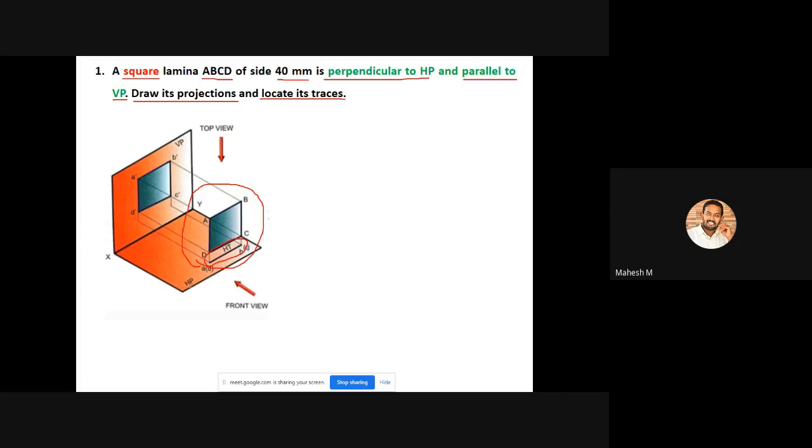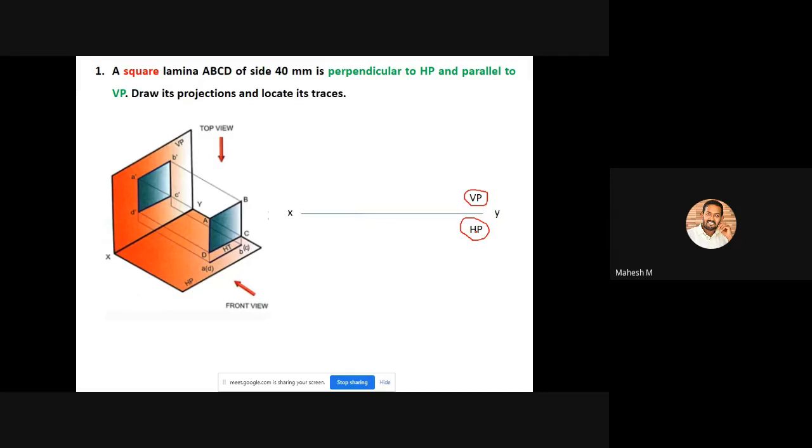We have to mark the projections first. For that, we create a reference line named XY, and we also have to mention the plane names. Some of you are not marking this, but it is very important and compulsory, because it is a first angle projection.